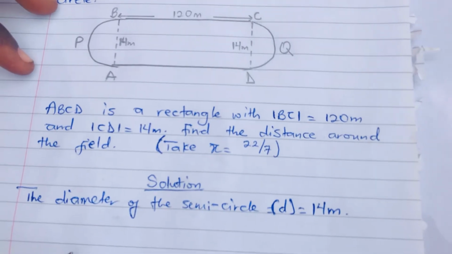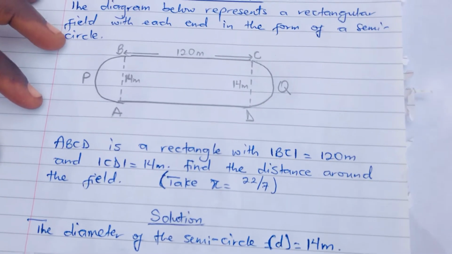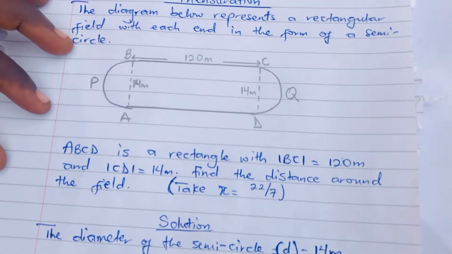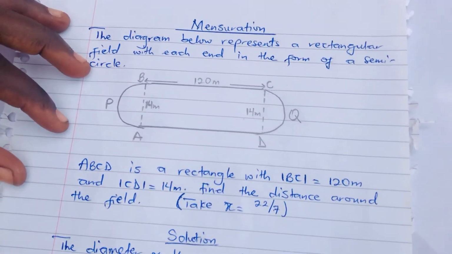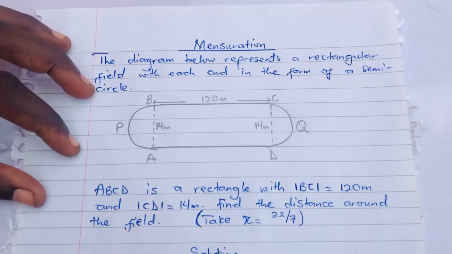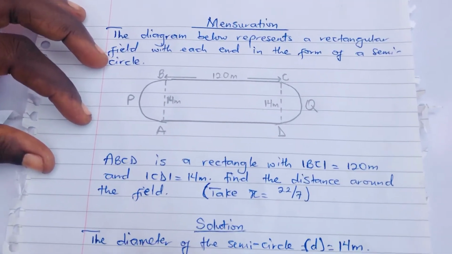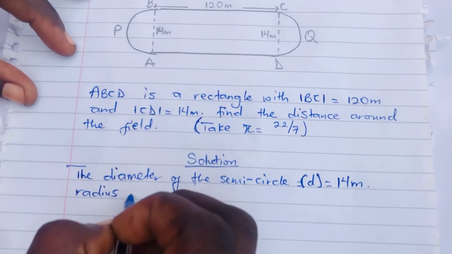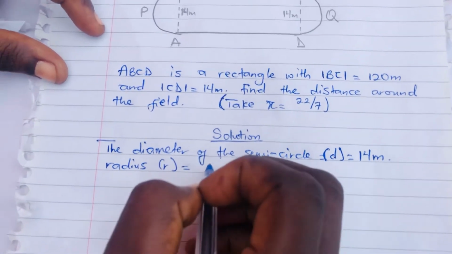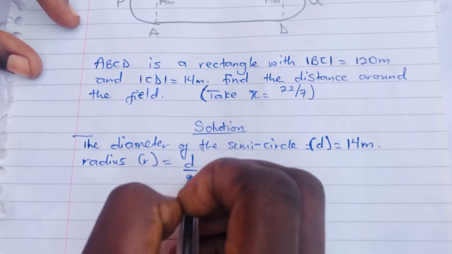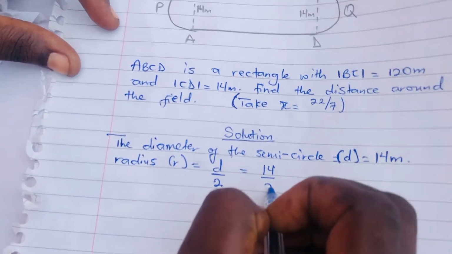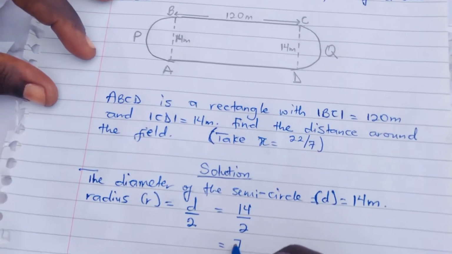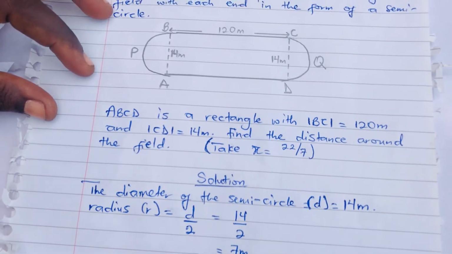And I believe you know how to do it. In our previous lesson, we said that half of a diameter gives you what? 1 radius. So radius R is equal to D/2, which is 14/2, and that is giving us 7 meters.